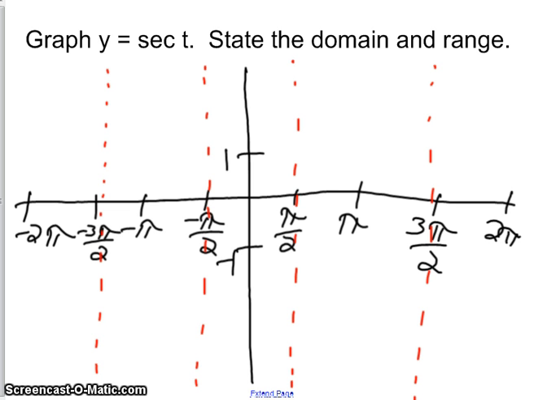Cosine is 1 at 0, so therefore secant is 1 at 0. Cosine is -1 at pi, and cosine is +1 at 2 pi, and cosine is -1 at -pi, and +1 at -2 pi.